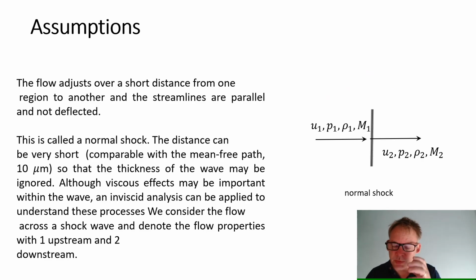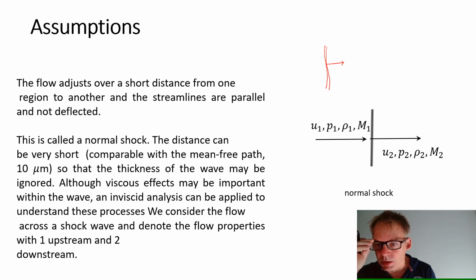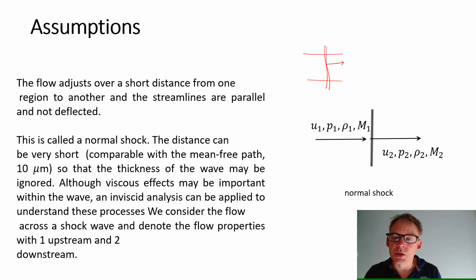So to analyse this, we're going to simplify the problem. Normally, in many cases, this shock wave is moving with high speed. We're going to get to an idea of how high that is soon. In order to make the analysis simpler, we're going to jump into the frame of reference of the shock. And in that frame of reference, the flow is assumed to be steady.